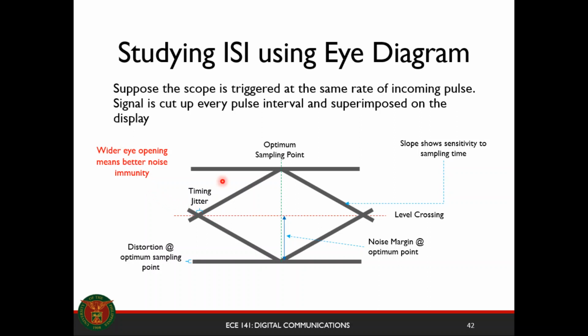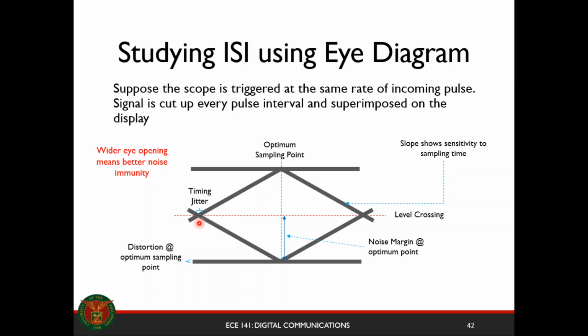The wider eye means your transmitted signal has better noise immunity. This is the point where we want to sample our signal.